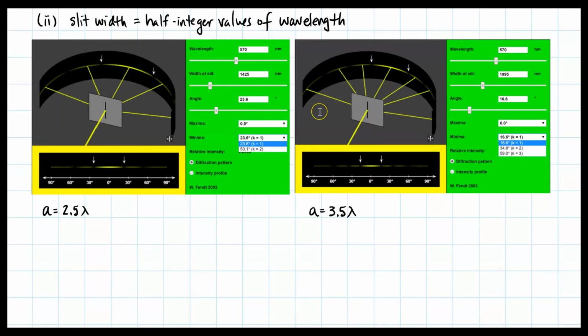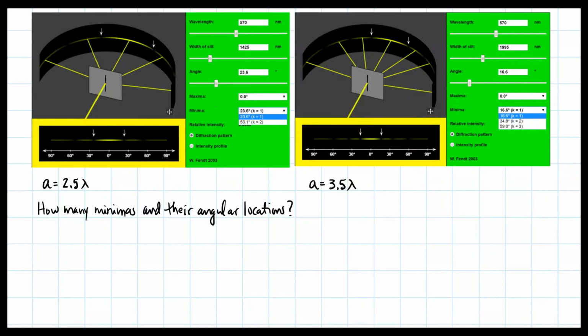This is the image from that applet, and again I have a equals to 2.5 lambda, a equals to 3.5 lambda. So let's go and predict these minimas and also the angles. First thing I'm going to do is look for the value of ND. This time I'm going to do it slightly differently.